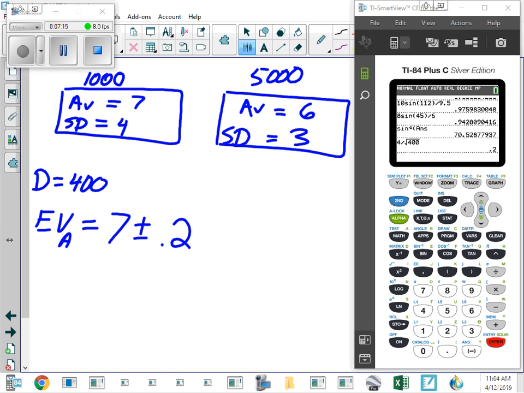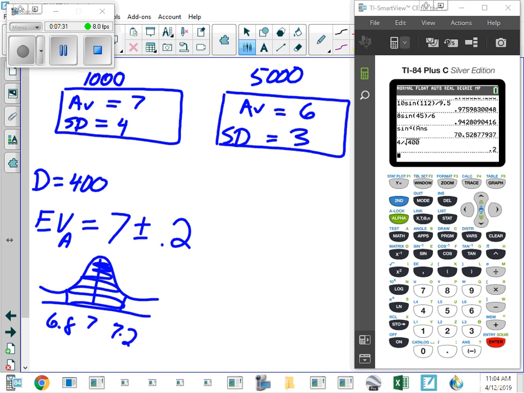So if I were to draw my curve, here is 7, here is 7.2, and here is 6.8. If lots of people draw tickets out of my box without replacement, 68% of those people will have an average between 6.8 and 7.2. This is a probability. We know what's in the box. We're predicting what happens in the future. I have a 68% chance of landing in that window.